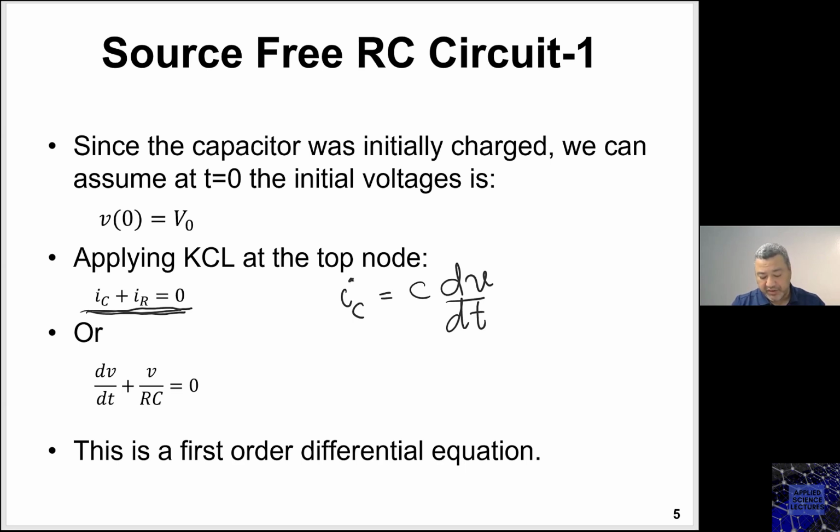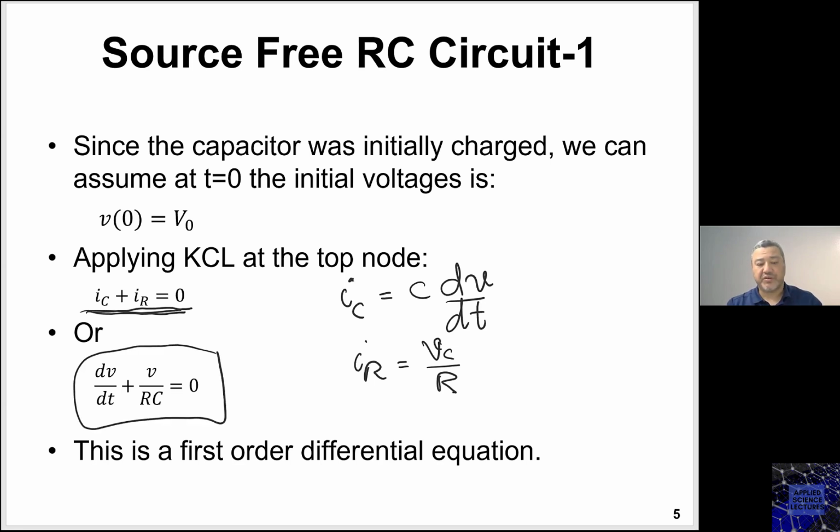And for the resistor, IR is equal to the voltage of the capacitor divided by R. So this is IC, this is IR. If you add them and rearrange by dividing by C on both sides, you're going to get this expression.